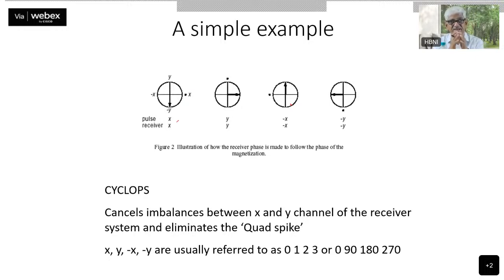But if the signal phase and the receiver phase are 90 degrees apart, then we say the receiver phase is 90 degrees. And if they are 180 degrees apart, then we say it is 180 degrees, or minus X. So if the signal is along the X, then we say it is 0. And if the receiver phase is 90 degrees apart, then it is Y.